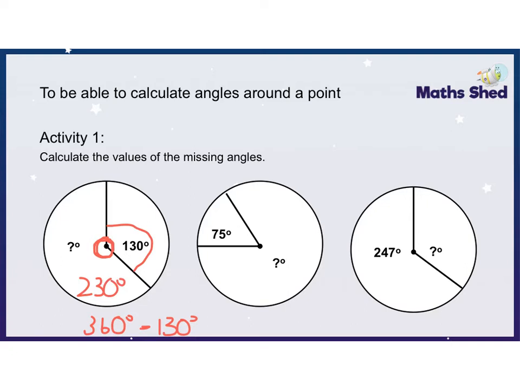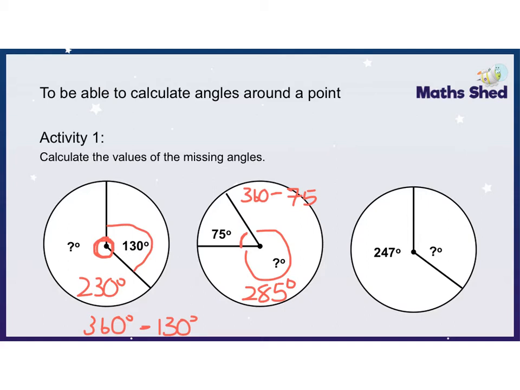We need to do exactly the same thing for this one. We know that that's 75, so this missing angle here would be 360 take away the 75, which would leave us with 285 degrees.